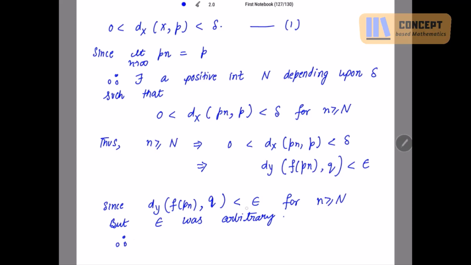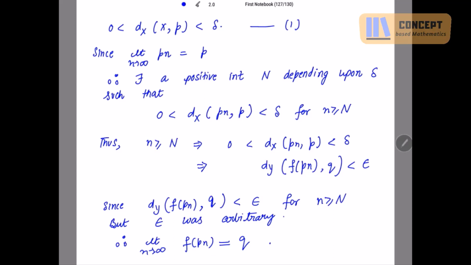Therefore, limit n tends to infinity, f of Pn is tending to Q, or you can say f of Pn tends to Q as n tends to infinity. So one way it is proved.